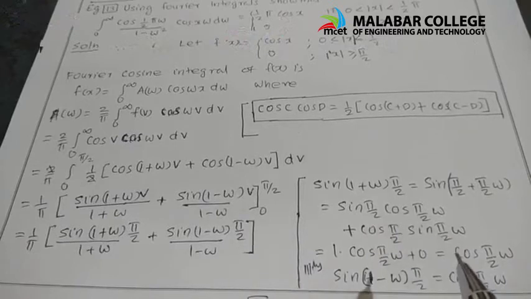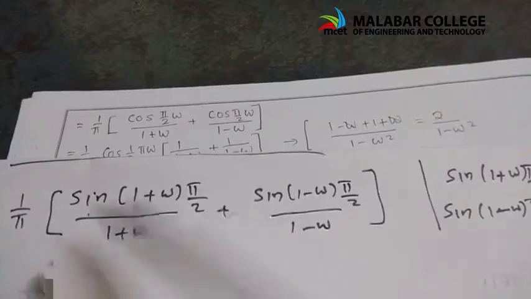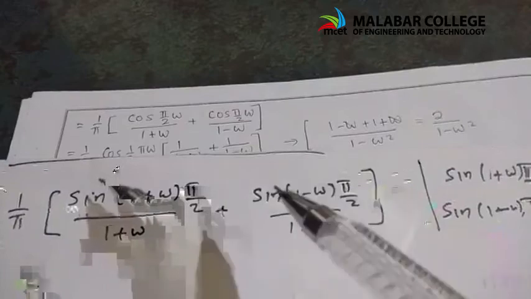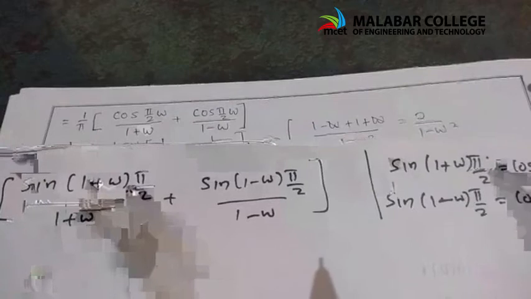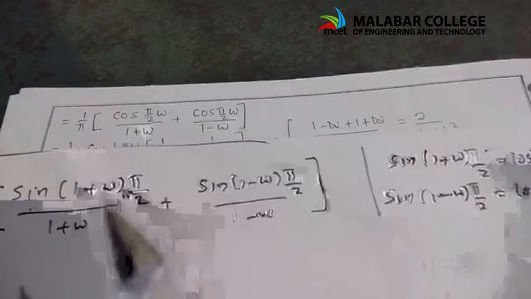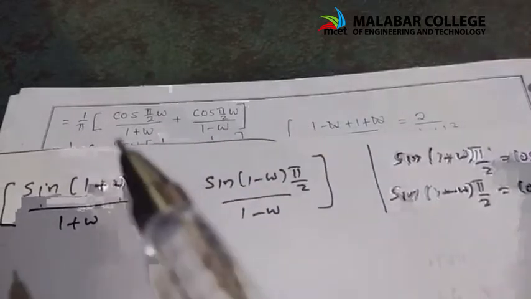Similarly this is also cos pi by 2 omega. So in place of this we write cos pi by 2 omega, and in place of this we also write cos pi by 2 omega. This is divided by 1 plus omega here, divided by 1 minus omega here, and 1 by pi is out here.